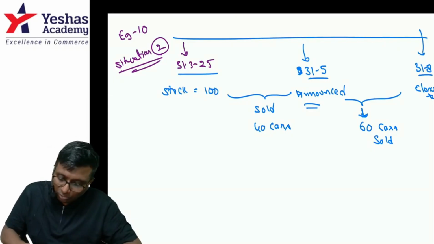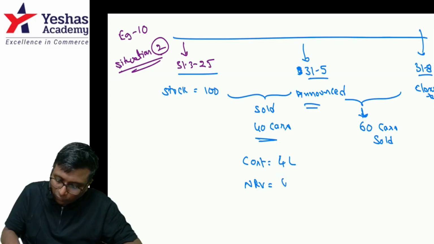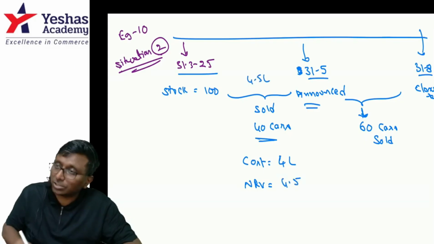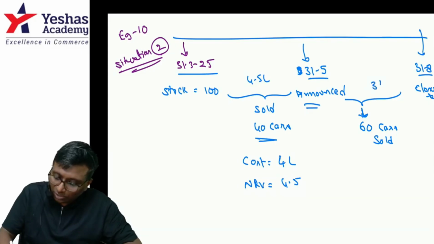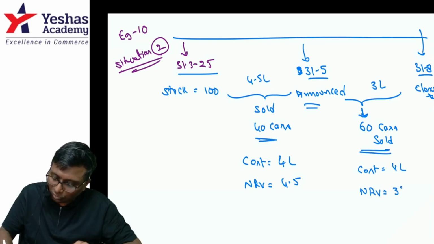So now how should I value? With respect to 40, I should first calculate. Cost is equal to 4 lakhs. NRV is equal to 4.5, because cars were sold at 4.5 lakh rupees each. Here you sold it at 3 lakh rupees each. So with respect to 60 cars, what is my cost? Cost is equal to 4 lakh. NRV is equal to 3 lakh, whichever is lower.